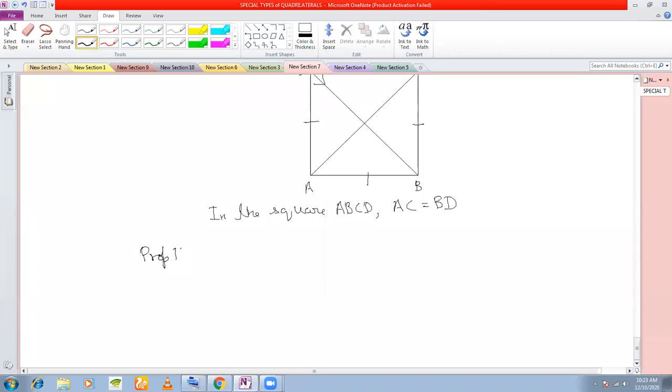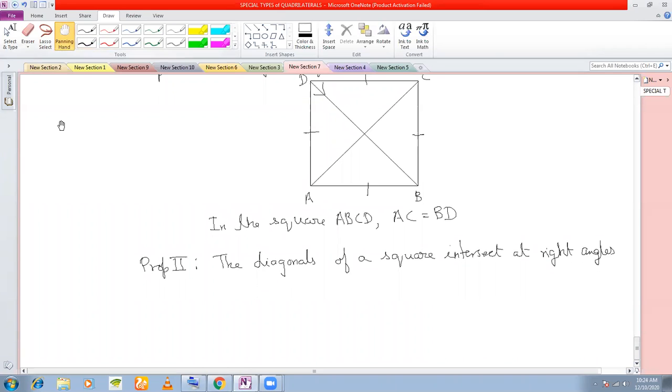Second property. The second property is that the diagonals of a square intersect at right angles.